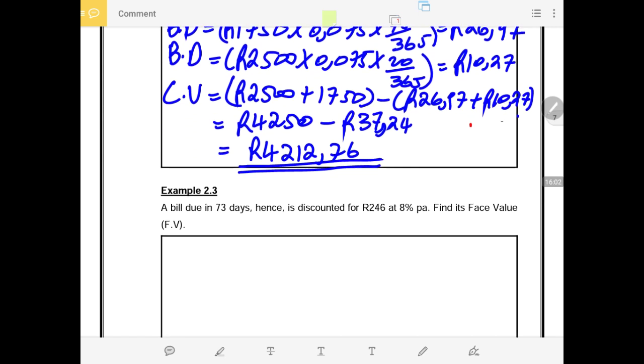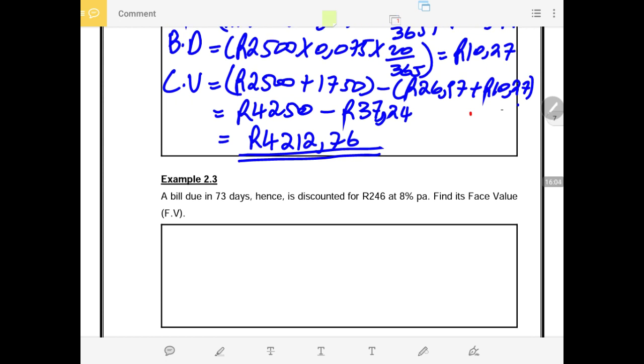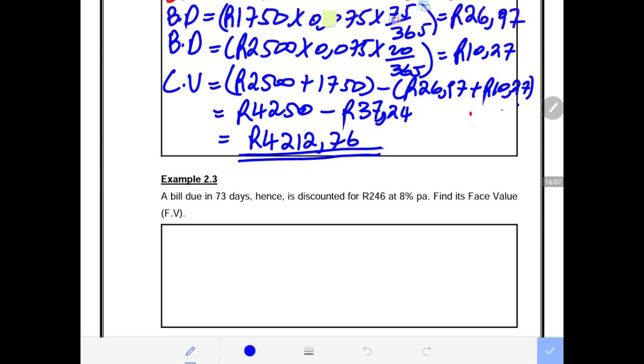We are now preparing for 2.3, where we are told that a bill is due in 73 days. That means if it's due in 73 days, this is our T, our unexpired period, and it is discounted for 247.